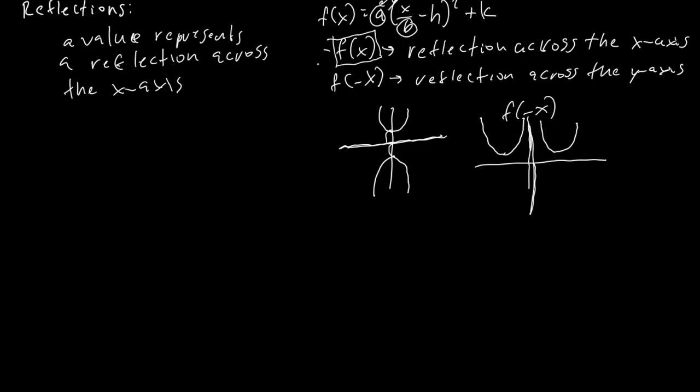That means it's similar to negative f of x. On the other hand, a negative a value represents a reflection across the x-axis, and then having a negative b value represents a reflection across the y-axis.